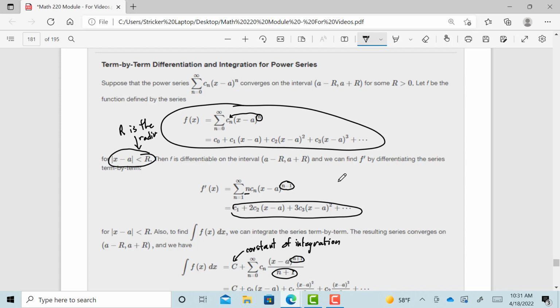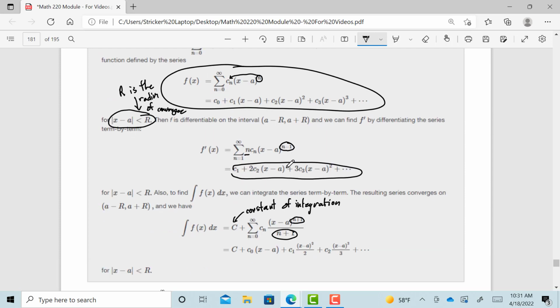Now, notice here when we take the derivative, r is still the radius of convergence, and when we take the integral, r is still the radius of convergence for both of those. So let's make a note of that. R is still the radius of convergence.